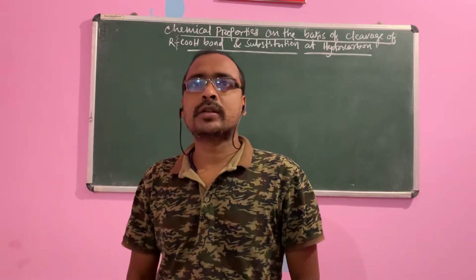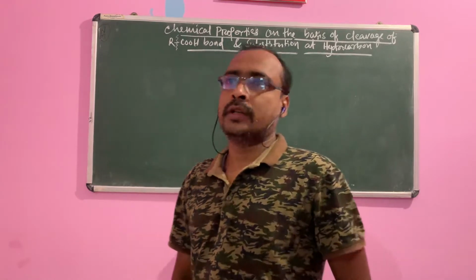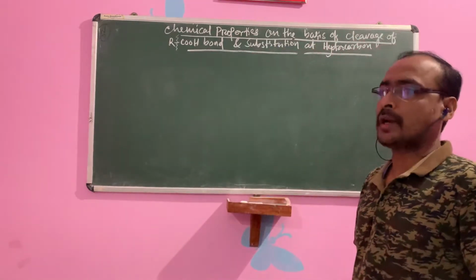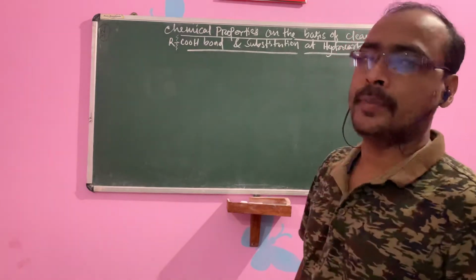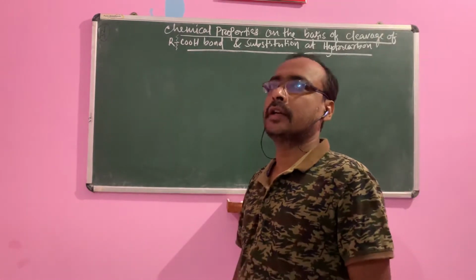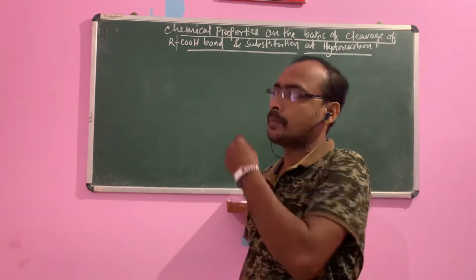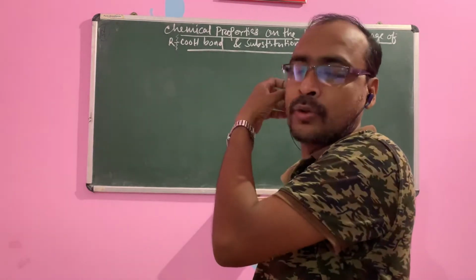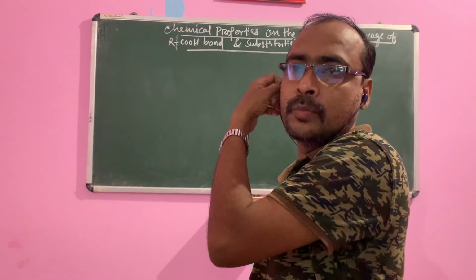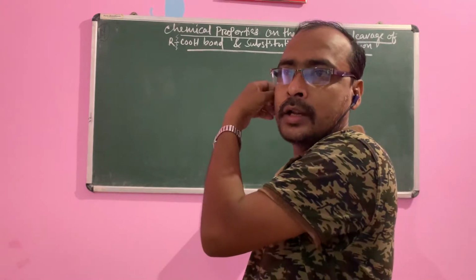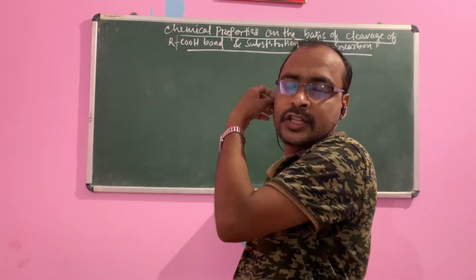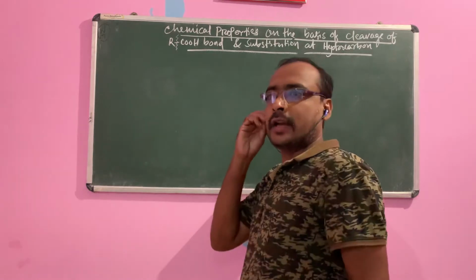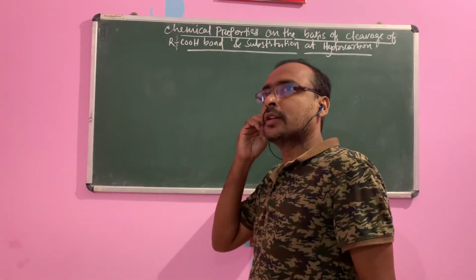In the previous class, we discussed some physical properties of carboxylic acid and also chemical properties involving cleavage of the O-H bond, that means furnishing H plus ion or removal of H plus ion from carboxylic acid, and cleavage of the C-OH bond, hydroxyl and carbon in the carboxylic part.